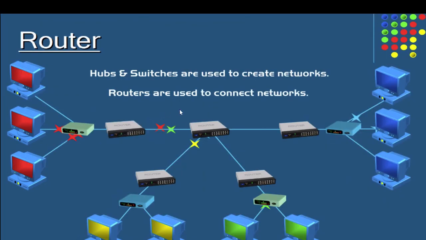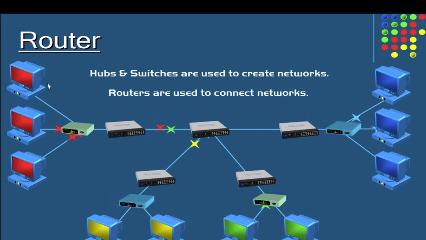We can understand it in more detail here. Like we can see, there are four different networks, and in between they have different routers also. Each router has a different IP address. All these have their own IP address, and they are making different networks.